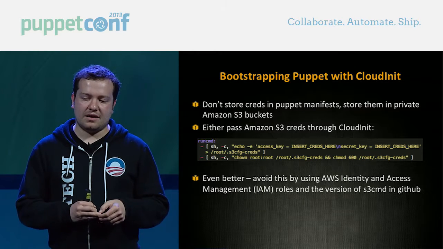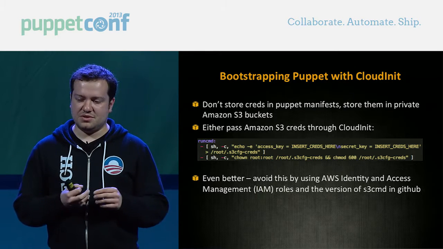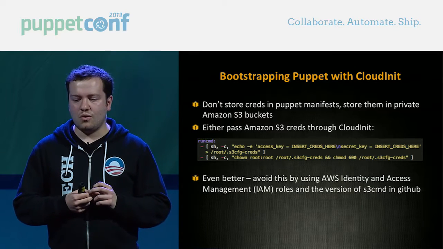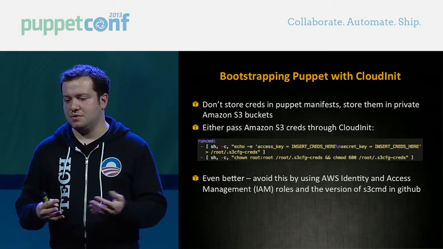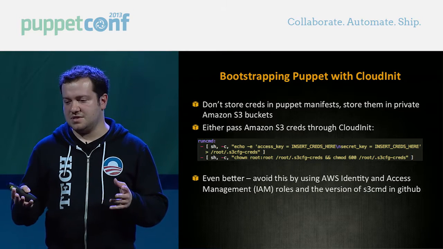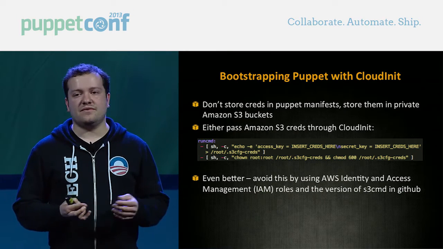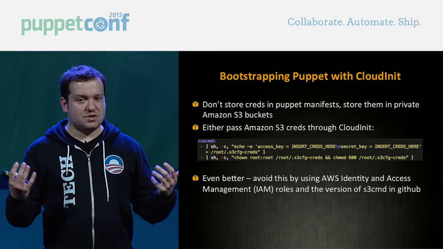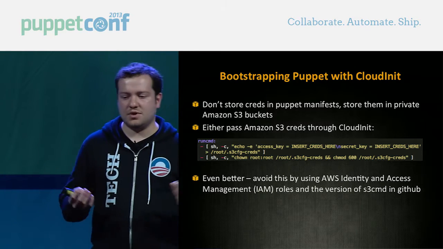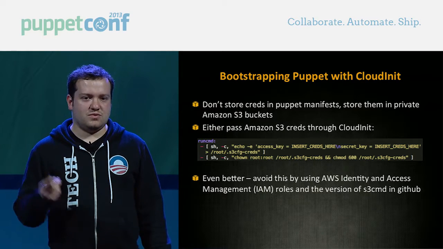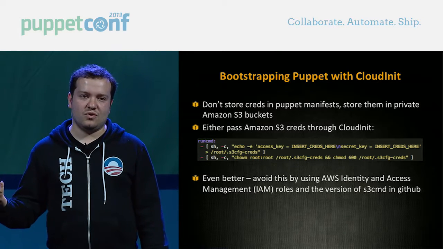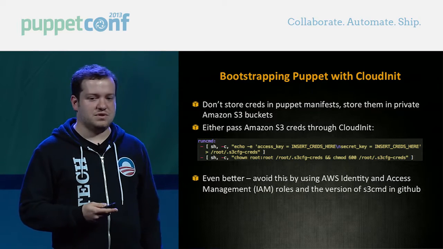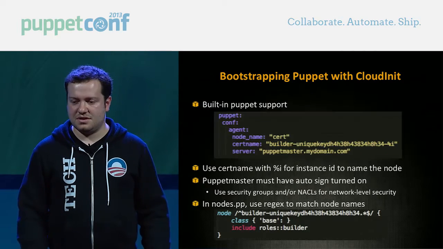So you either insert those creds on boot and then have S3CMD read those, or, and this came out about halfway through the campaign, in Amazon IAM you could have IAM roles. Your instance has a role that has privileges attached to it, such as read access to an S3 bucket. When you launch the instance, you give it that IAM role, and then you don't have to do what I did above. It'll just have access to that S3 bucket.